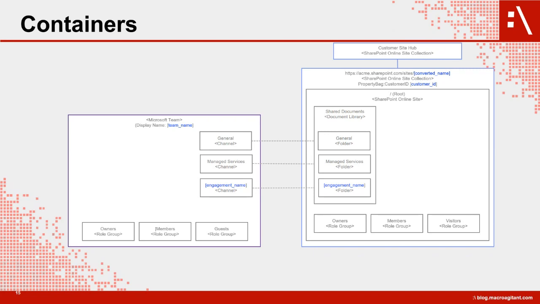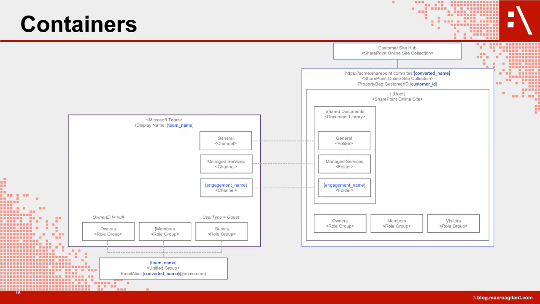And what happens when you create a Microsoft team is that it creates a unified group for that team under the covers, and that represents a security principal that you can assign to something to give permission. So Azure Active Directory generates the owners, members, and guests group based on some logic.